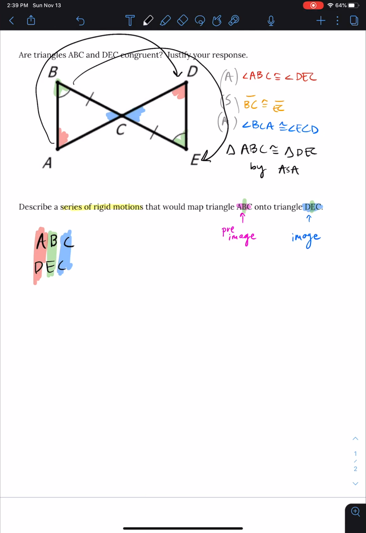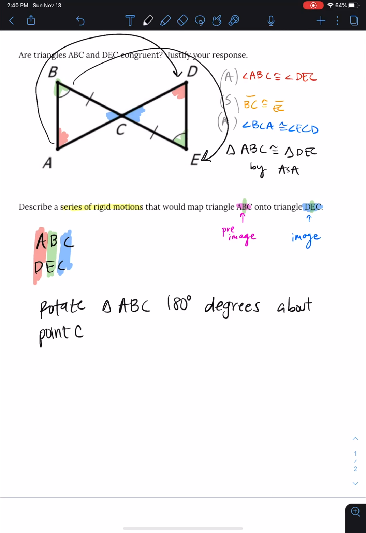So if we were to do this, we would want to rotate triangle ABC 180 degrees about point C, point C being the center of rotation. If we spin it about point C, everything is going to move about point C, like spinning it like this.